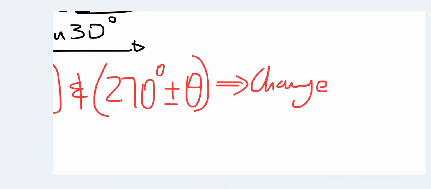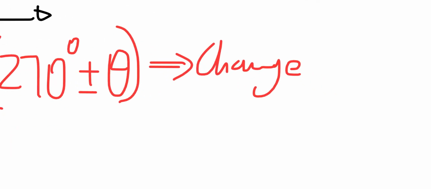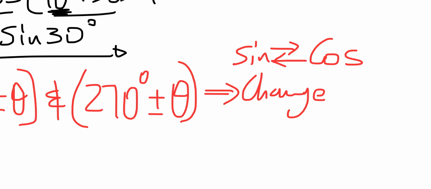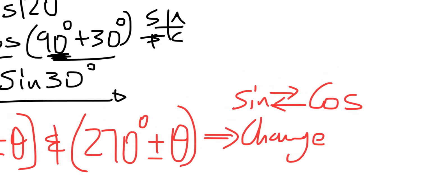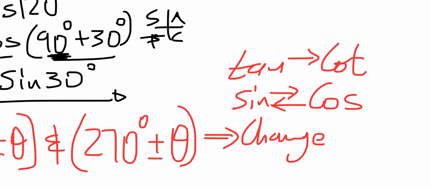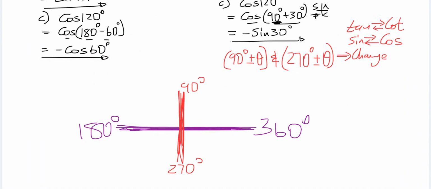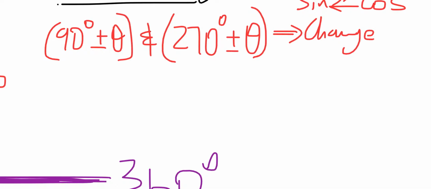What are the things that are changing? It is the trigonometric ratios. So that means sine will change to cos. Even if you are given cos, it will change to sine. You can just remember that. As a bonus, I can still say same as tan, it will change to cot. For some reason, if they try to be tricky and they give you cot, it changes to tan. And then this one, it doesn't change.